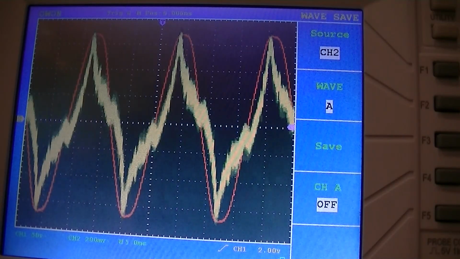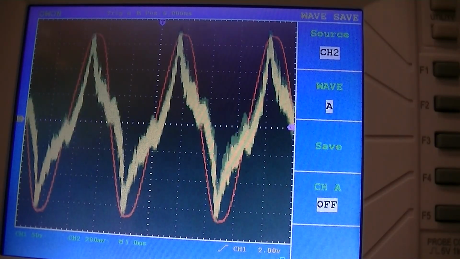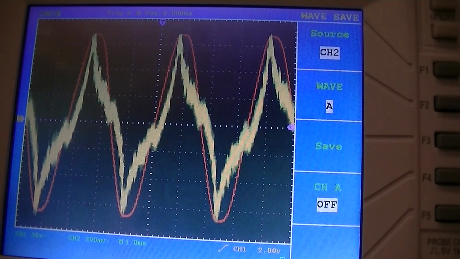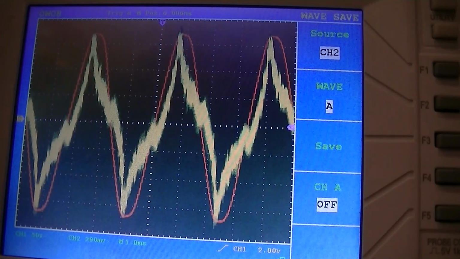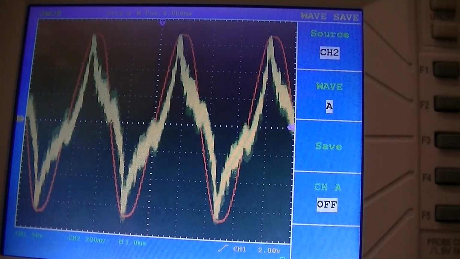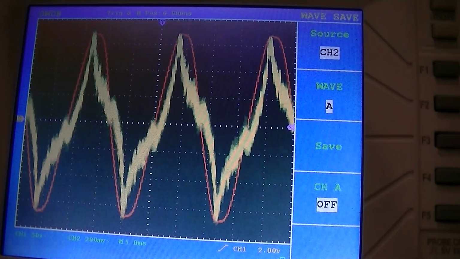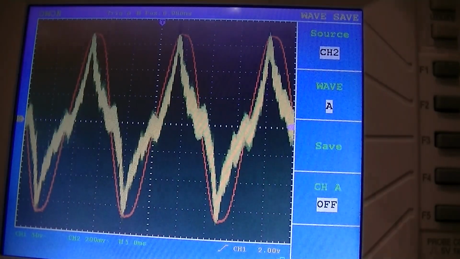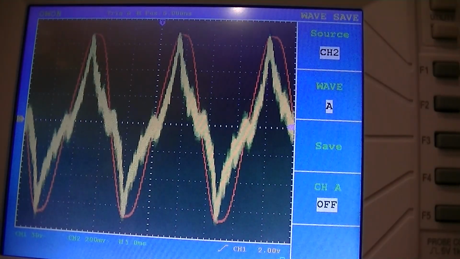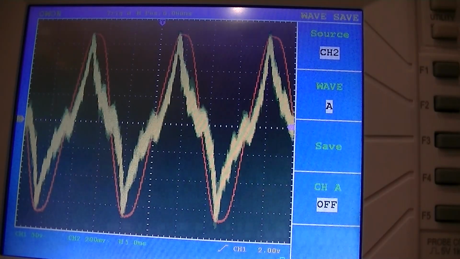So what I'm going to do is put both sets of capacitors on live 1 and live 2 at the same time, and we can see what difference that makes. So they're both on right now, and that's our waveform.